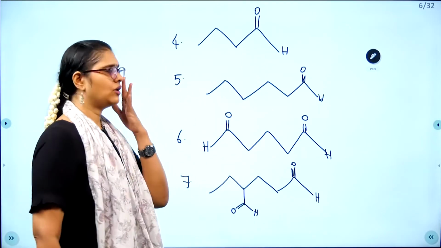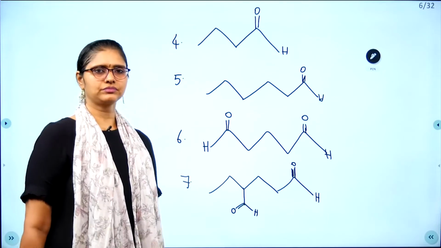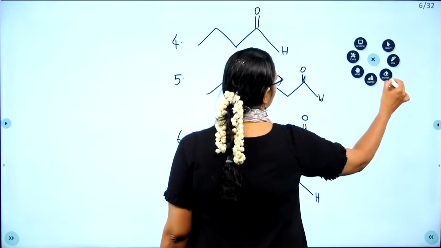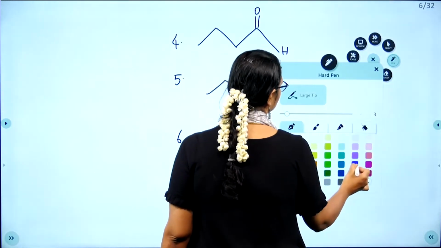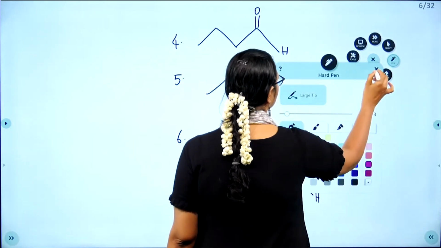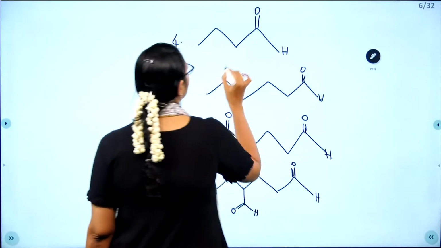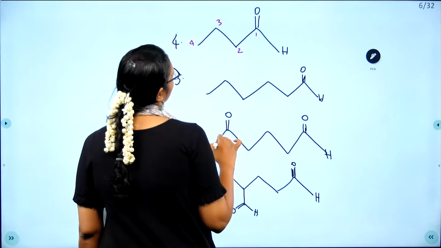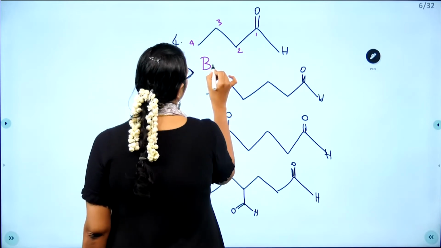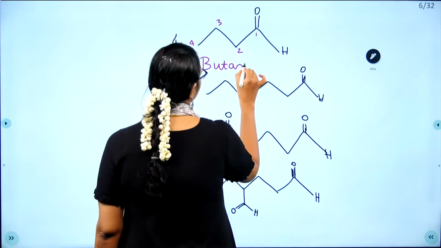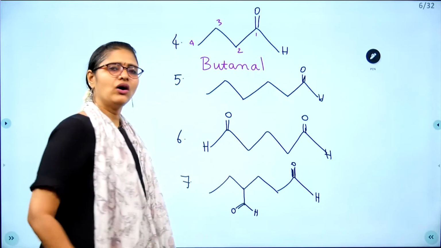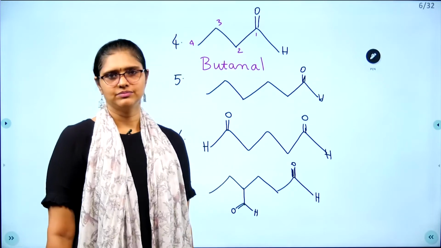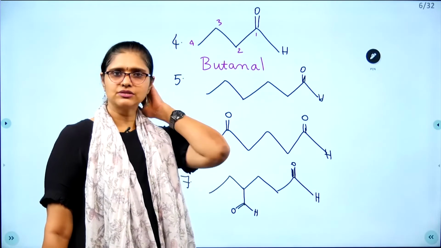Okay, now how to name the fourth one? What is the longest carbon chain? One, 2, 3, 4. So it is 4, right? So it is butanal, correct? Always the CHO carbon is going to be 1 because it contains carbon.